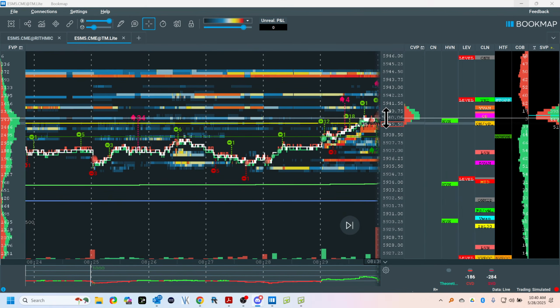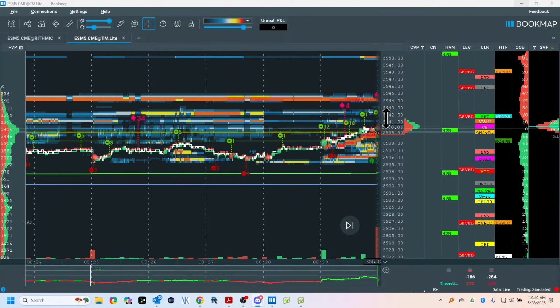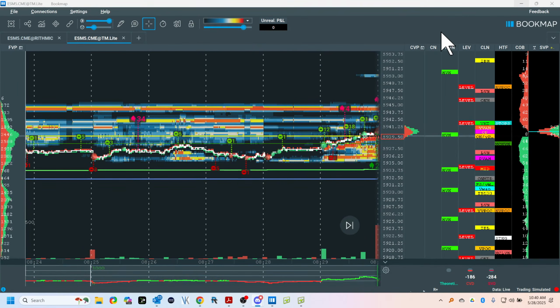Now, let's look at some levels that are important. I got to turn these off for a moment because they're current. We have yesterday's high. We have the ETH volume point of control. We have the ETH mid. There's statistics involved with this. They're all available in TraderLab. We have yesterday's naked volume point of control.